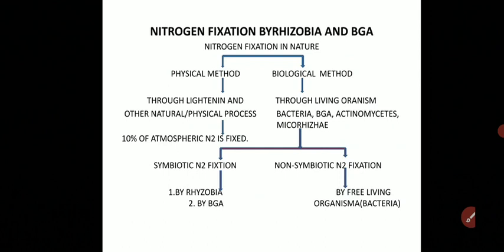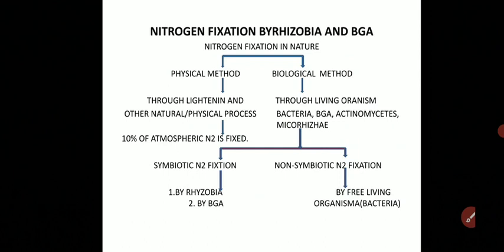The bacteria in a legume root nodule fix atmospheric nitrogen into nitrate and make it available to the plants. This process is known as biological nitrogen fixation. This is the major source of nitrogen in agriculture, and this is also known as symbiotic nitrogen fixation.